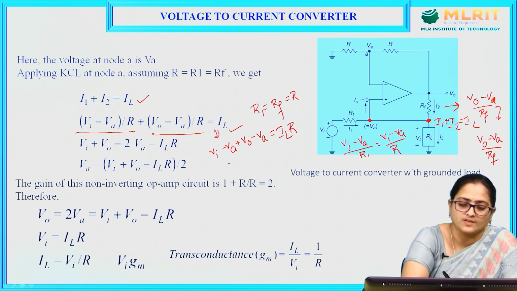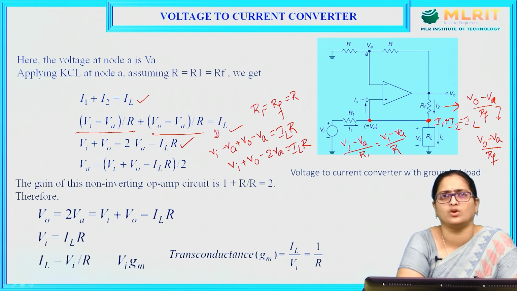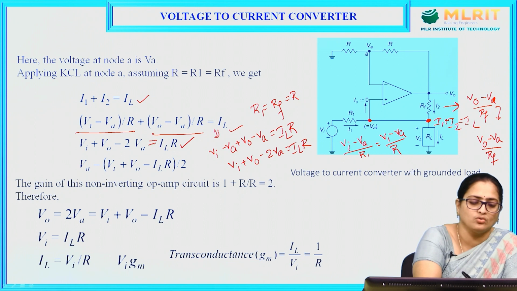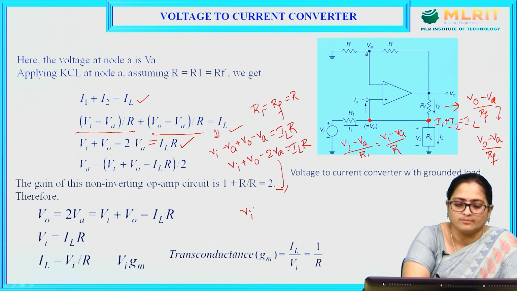So you can write this expression as Vi plus V0 minus 2Va is equal to IL into R. Now this expression can be given in terms of Va as Vi plus V0 minus IL R is equal to 2Va.